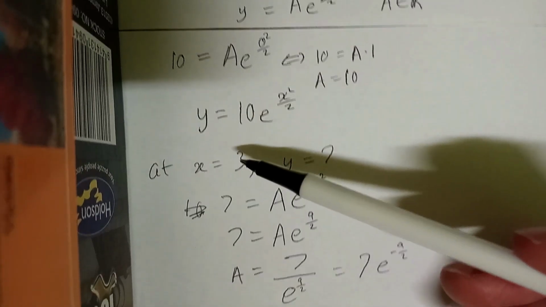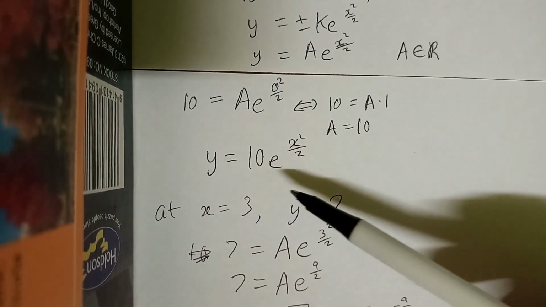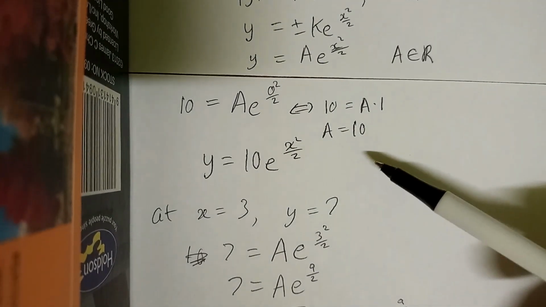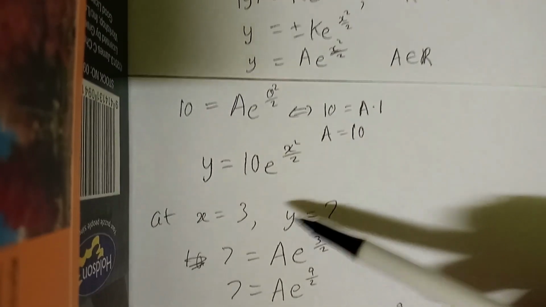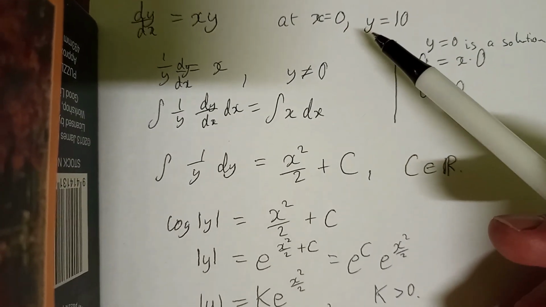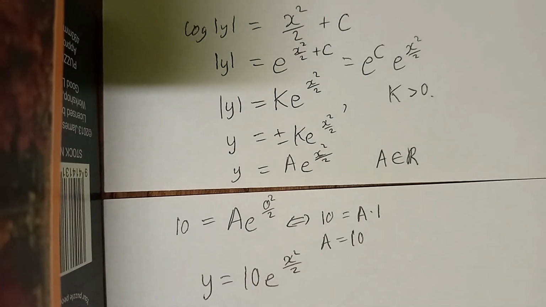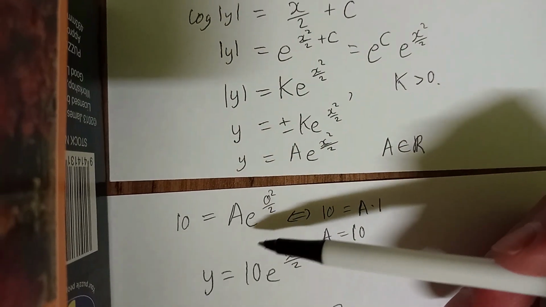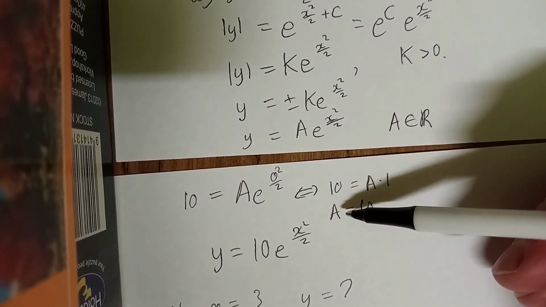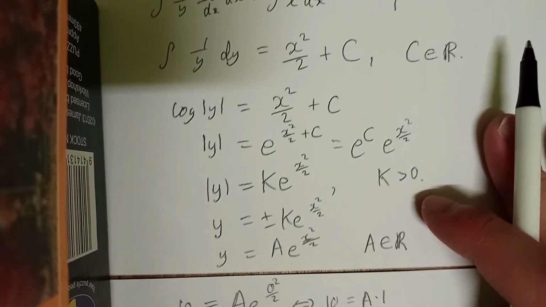So when we had our initial condition being something involving x equals 0, y equals some other number, up here, at x equals 0, y equals 10, or whatever it might be, we got a neat solution where a was in fact 10, that value of y at x equals 0.